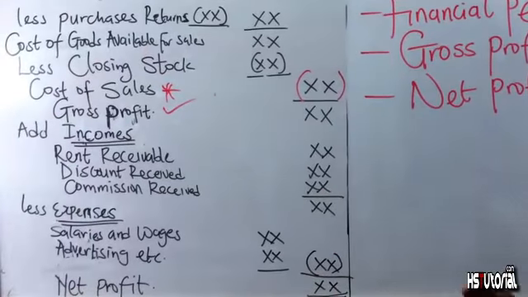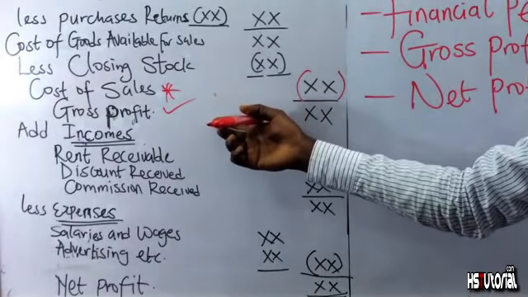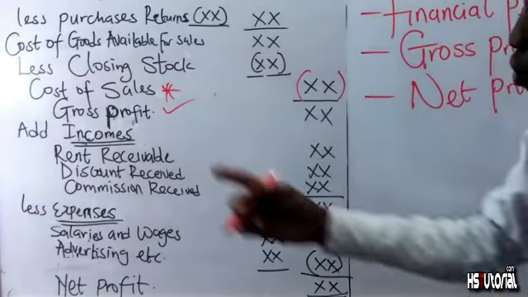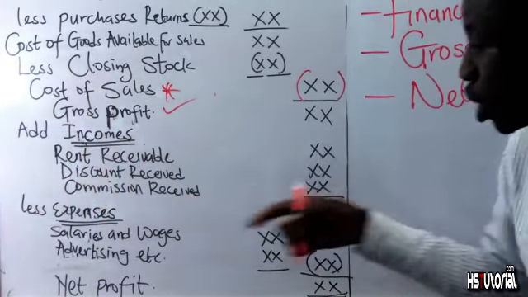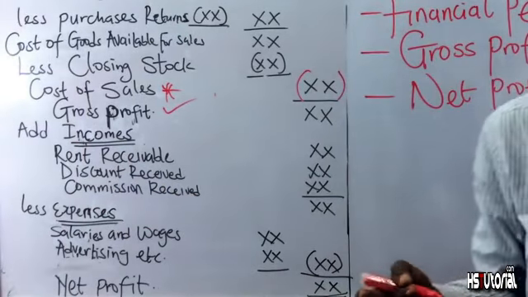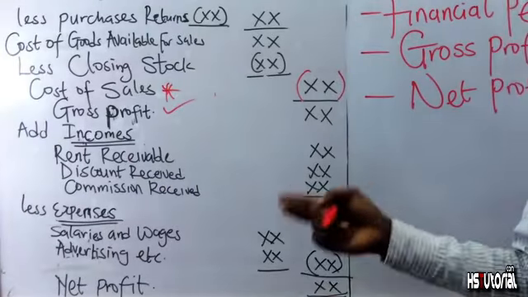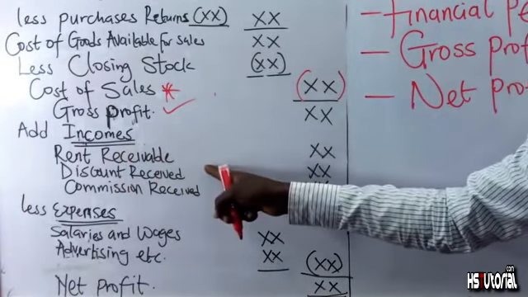That will have to be part of your income. In this rent receivable, it means that probably that is one of your profit centers or revenue centers, so you will have to add it as part of your income.